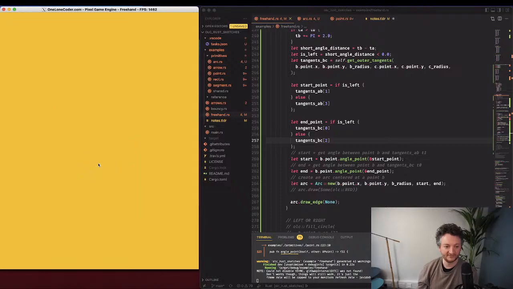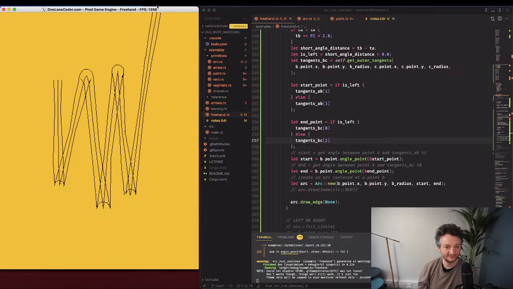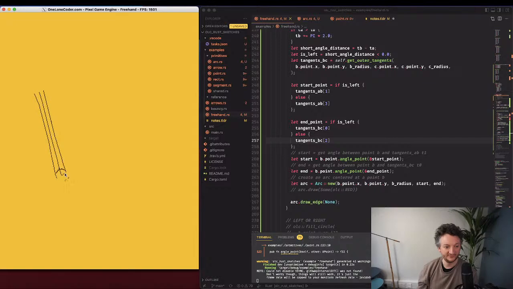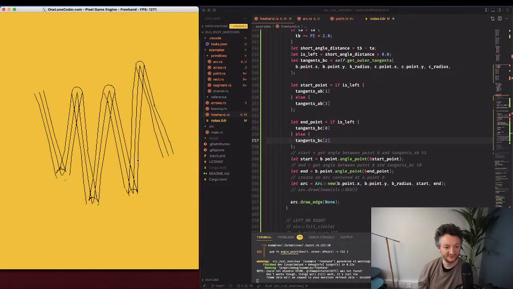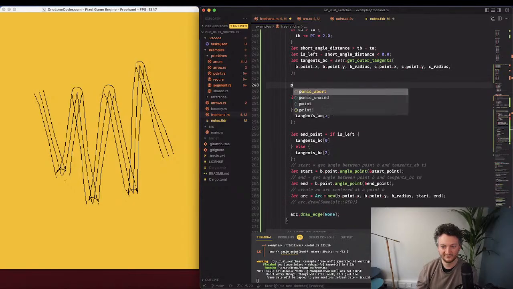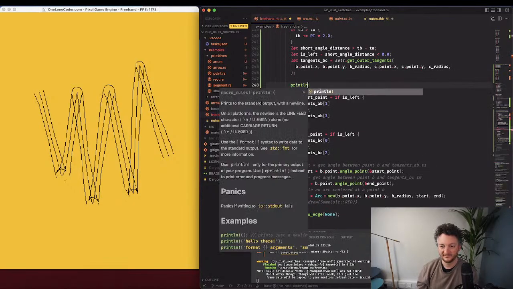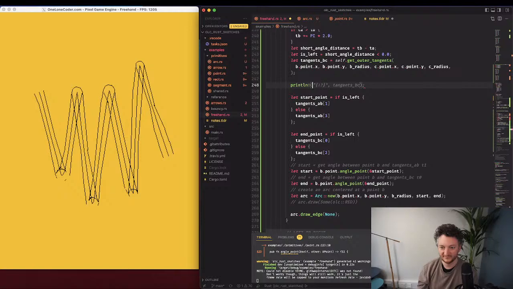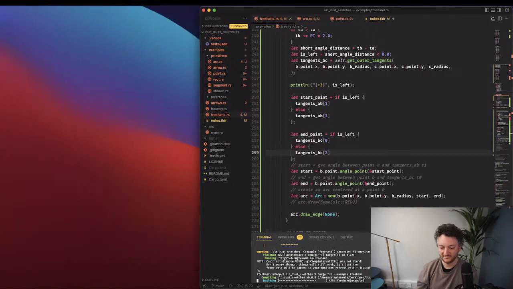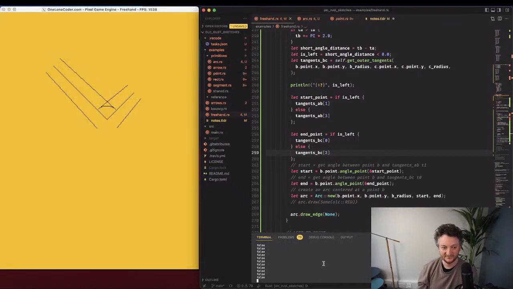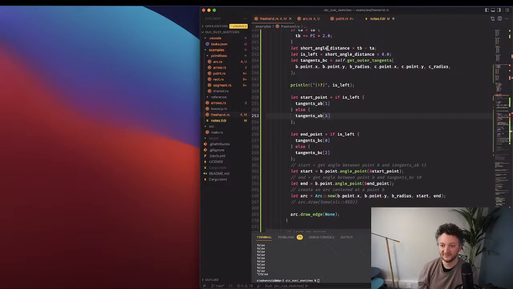Right. I think I have that exactly wrong. Or do I? No? Or have I just switched it? So that is a left-hand turn.